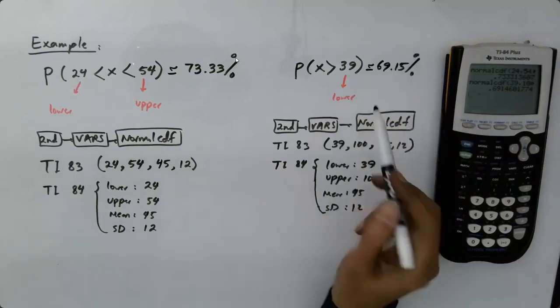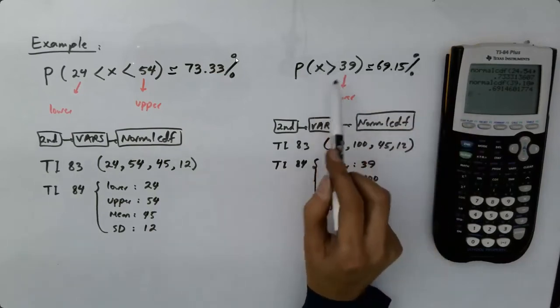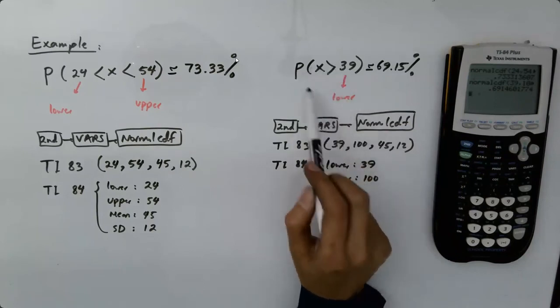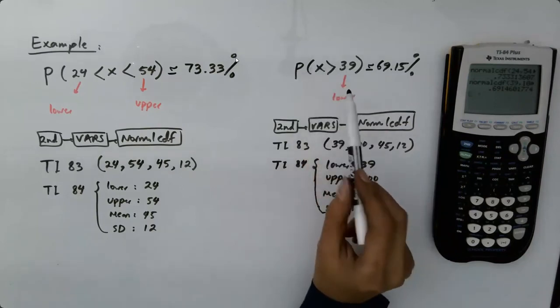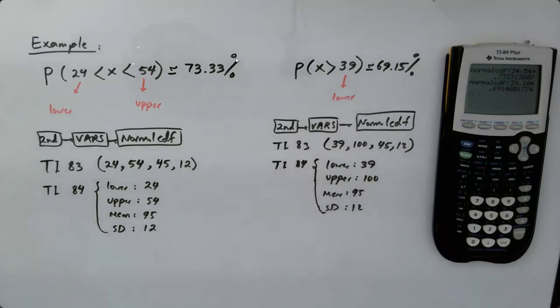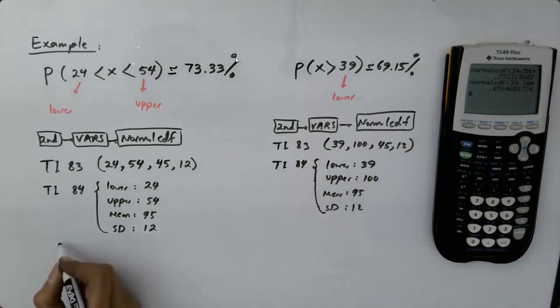69.15%. That's the probability that you randomly select a person and that person spends more than 39 minutes in the store. So the second part of the question says, how many shoppers would you expect to be in the store? Okay, I have the probability.